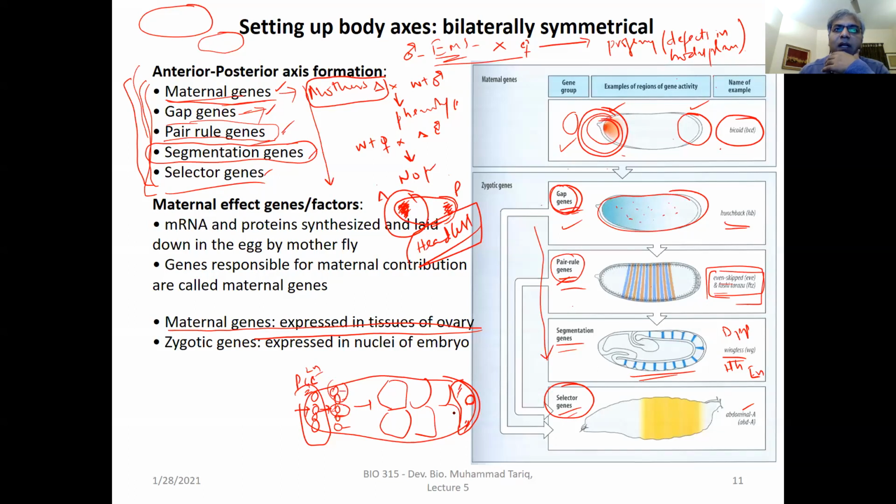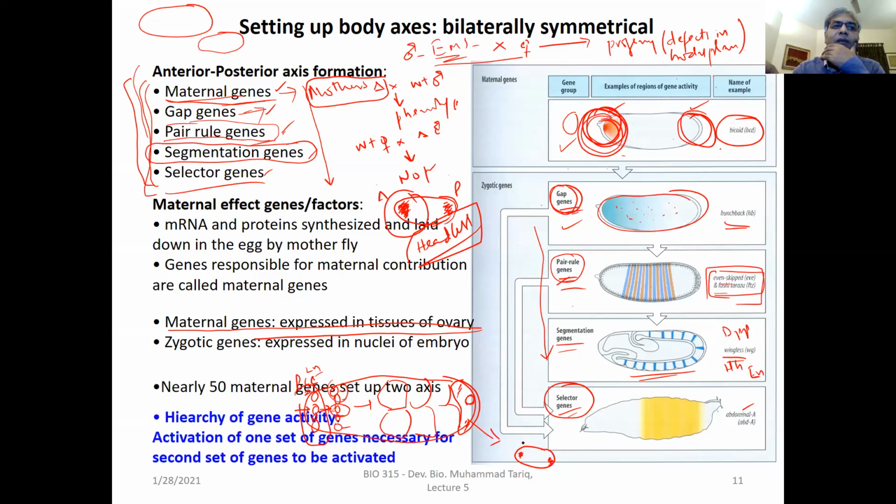Bicoid and nanos caudal are deposited in specific positions, and then eventually this egg is laid. It comes out of the females, they lay them on food or fruits, and this egg has these bicoid and nanos caudal, the maternal genes, which I already explained. As I told you, these are just messenger RNAs, and there are nearly 50 maternal genes which define the anterior and posterior body axis formation.